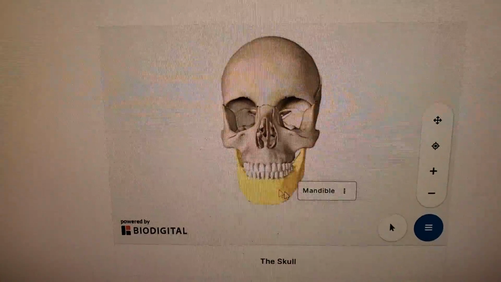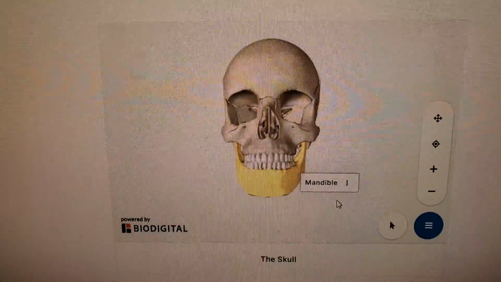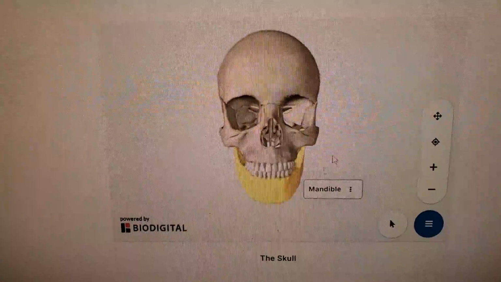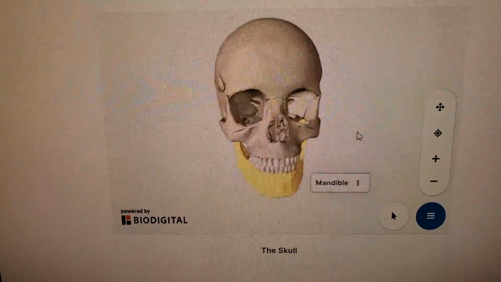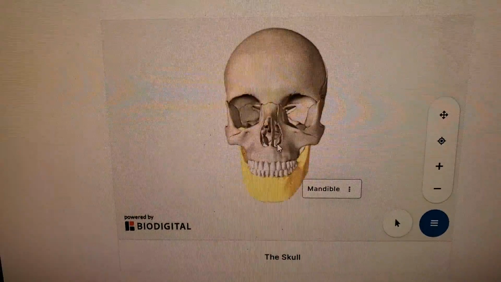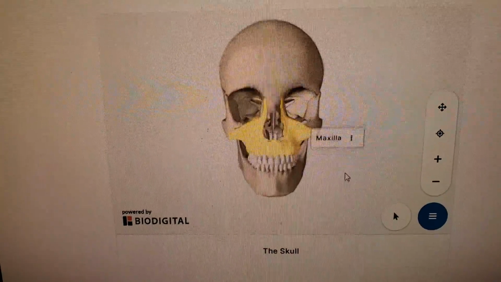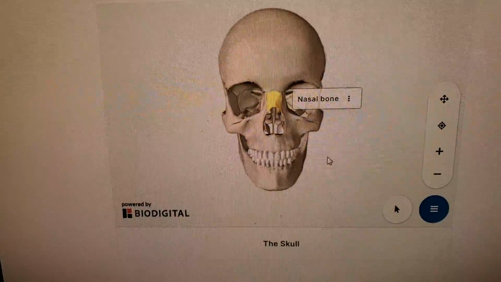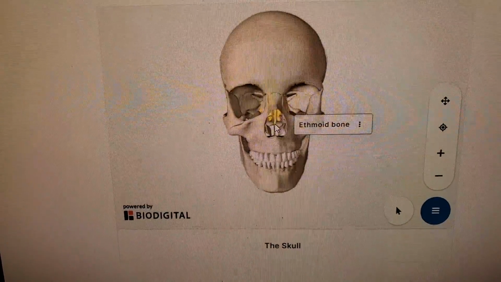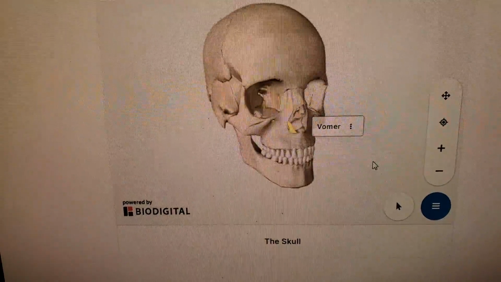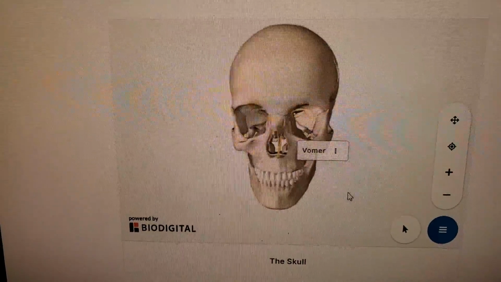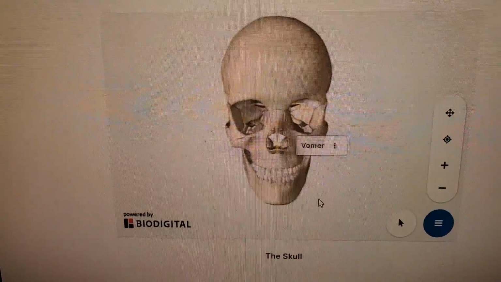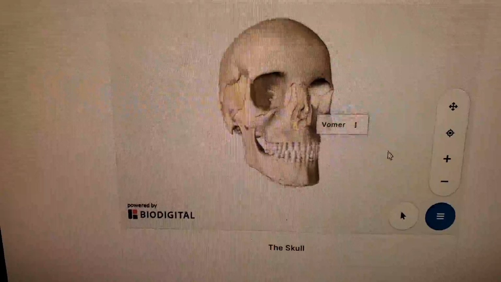Also the mandible, which I think is the easiest one, because if you're a tech at this point, you should know what the mandible is and looks like. The maxilla, which is right next to the nasal bone, and the vomer is right in here, a thin bone right there. So that is part of the visceral cranium.